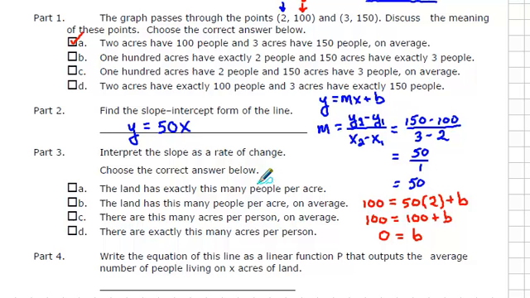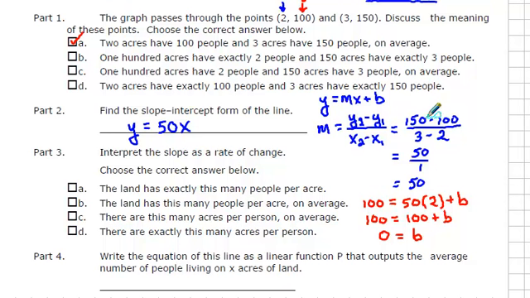In part 3, we're asked to interpret the slope as a rate of change. In order to do that, it's important to go back and attach units to the slope. So let's think about what the units are for our slope. When we calculated y2 minus y1, what we want to recall is that y2 and y1 represented the number of people.